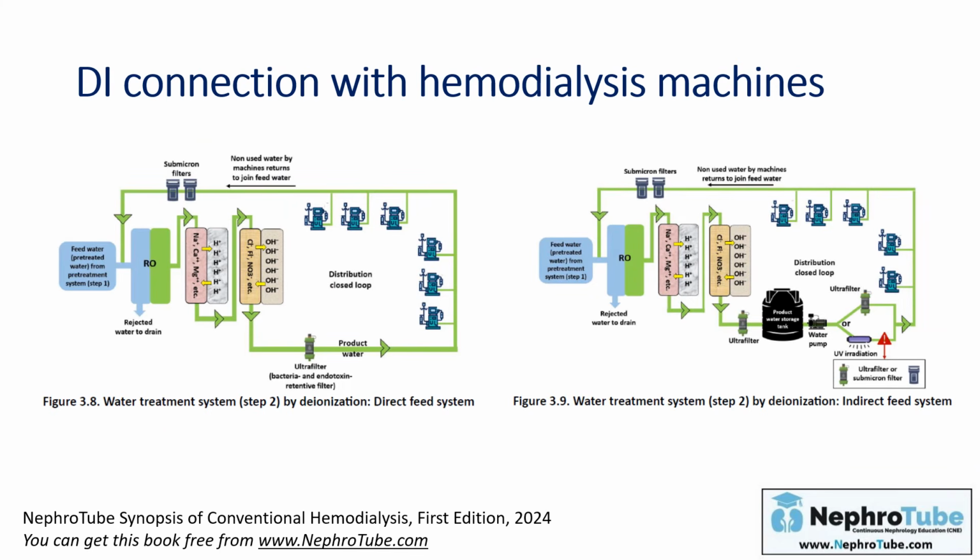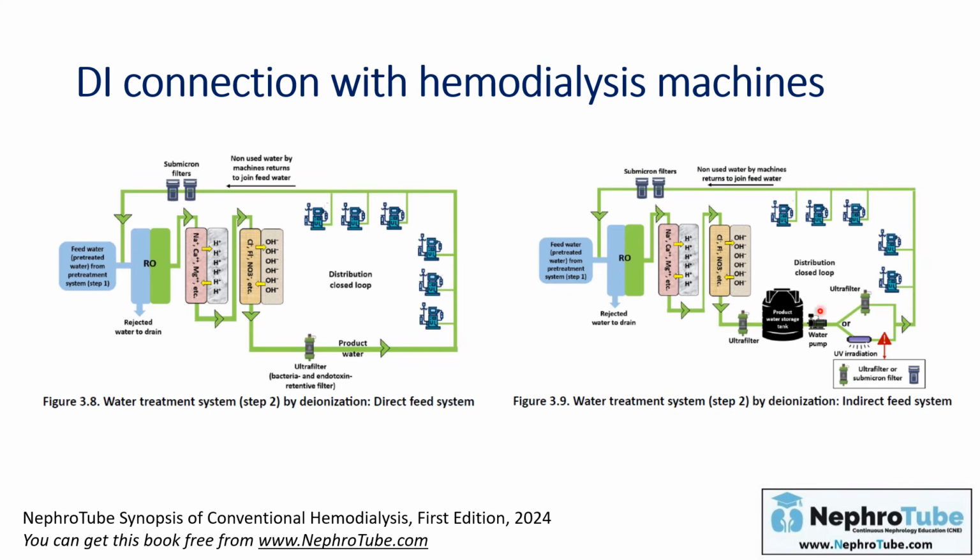Then, how can the water coming out from the deionizer be delivered to the hemodialysis machine? The same way. Theoretically, it can be delivered directly without a tank. Theoretically, you can put a tank, but actually, it is not a practice to put a tank after the deionization, because this may increase the possibility of contamination, as the deionization itself can cause contamination because the resin beads can promote bacterial growth.